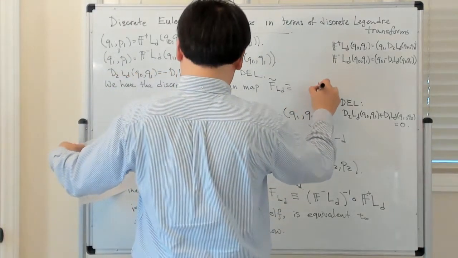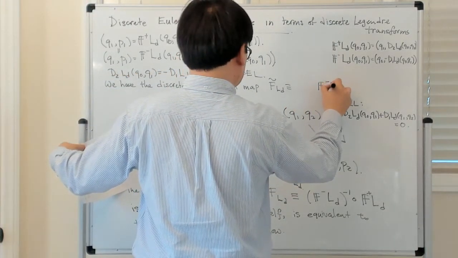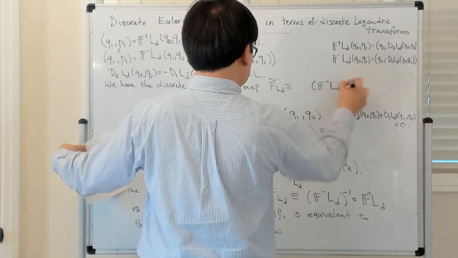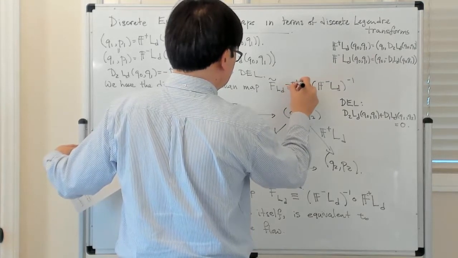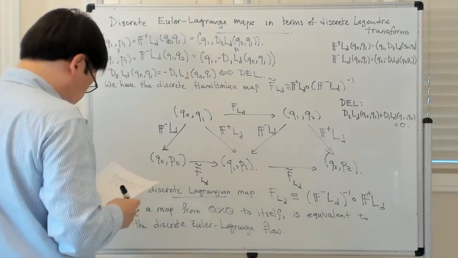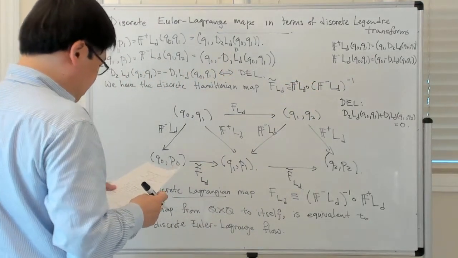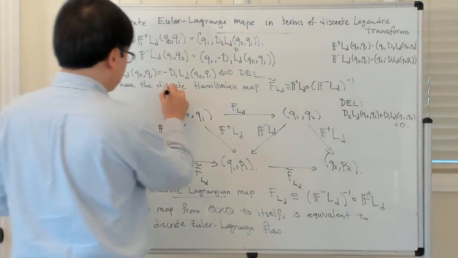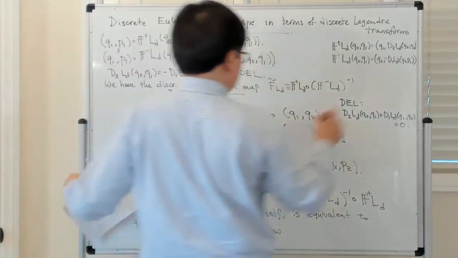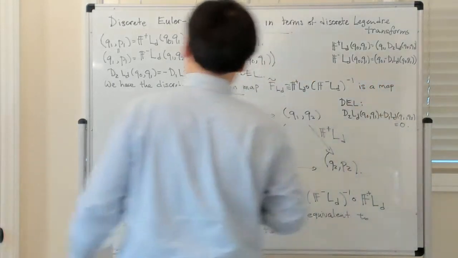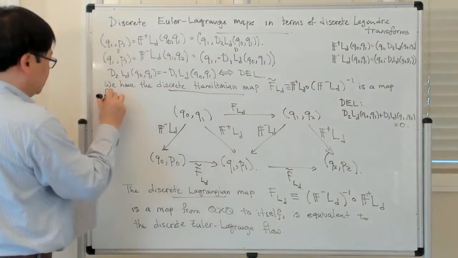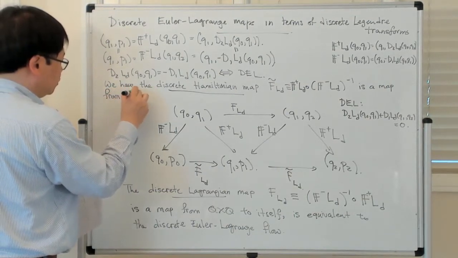So I first apply F minus LD inverse, and then I compose it with F plus LD. All right, so that's what I'm calling the discrete Hamiltonian map. It is a map from T star Q to itself.